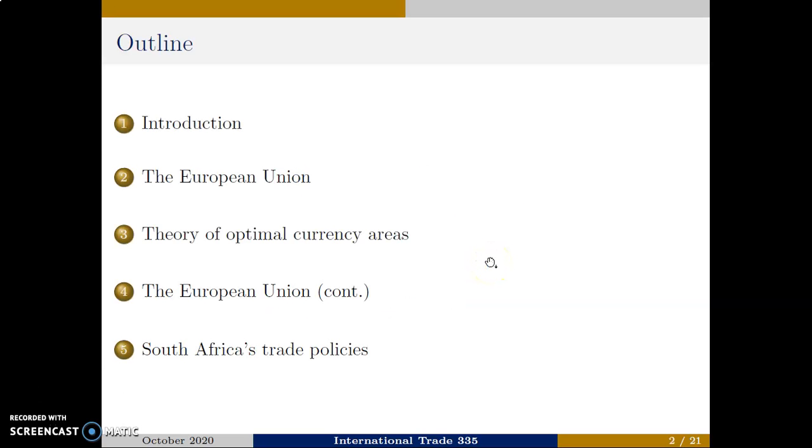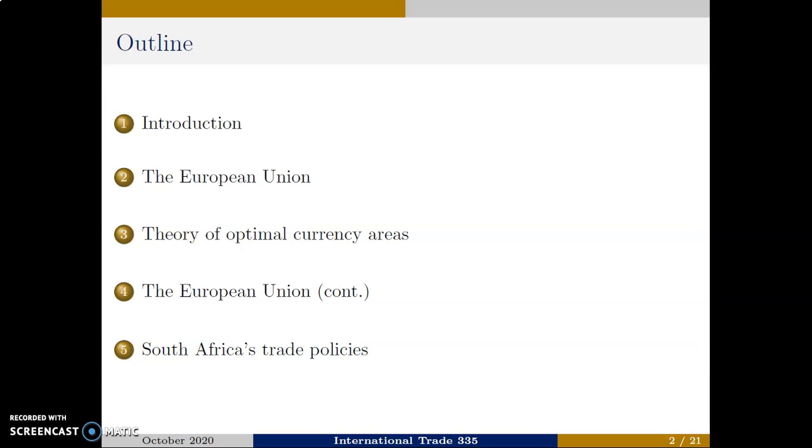The outline for this week is that I will briefly introduce the topics and discuss the levels of economic integration. The levels of integration are not listed in the textbook, but it is essential for you to understand the discussion on how countries move from autarky to full economic integration. We will then discuss the European Union in terms of what it represents, what the European monetary system is, and its historical development.